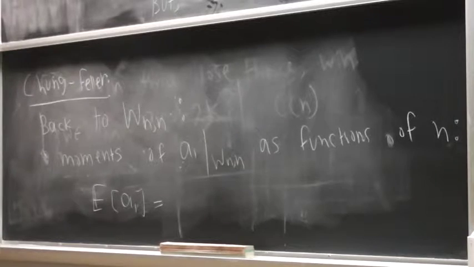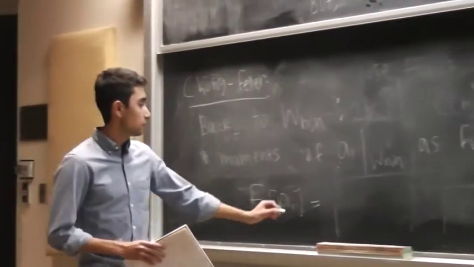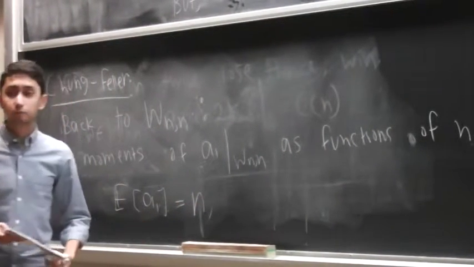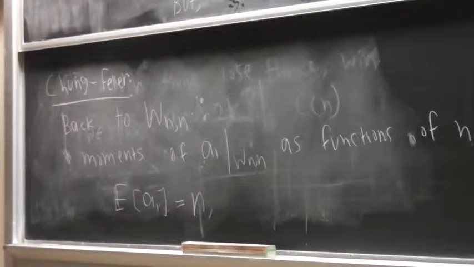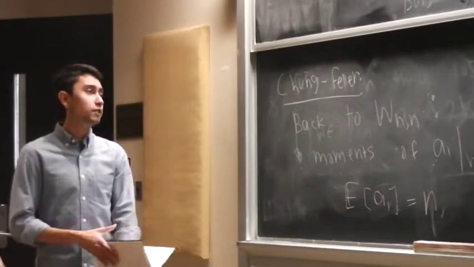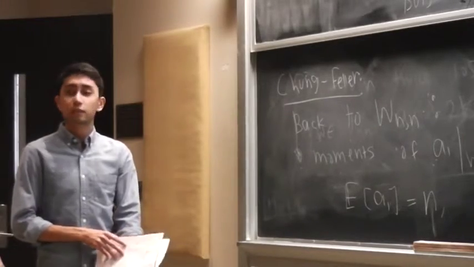Just by symmetry, we would expect it to be half, so half of 2n would be n. Maple has a convert to formal power series, and using that, though you don't even need it because it's almost uniform, that's one way you could do it.